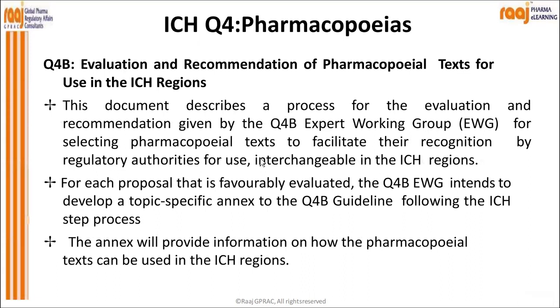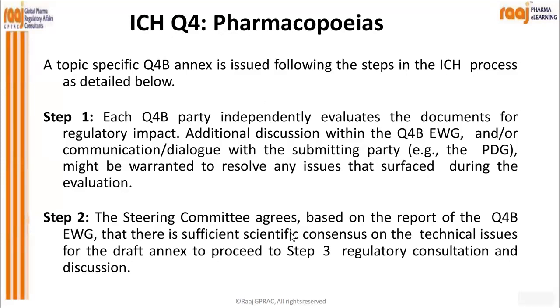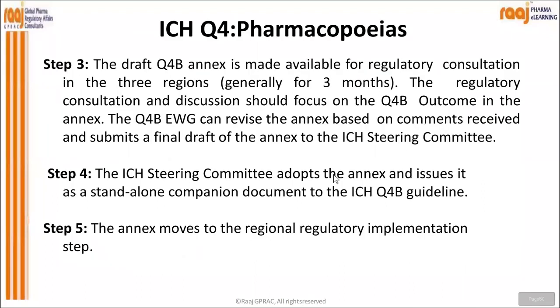So how it has evolved, the evaluation and recommendation of pharmacopoeial texts for use in the ICH region. You can read this. Then what are the steps in the ICH process? There are step 1, step 2, step 3, step 4, step 5. We have seen this in brief in the flow chart earlier.